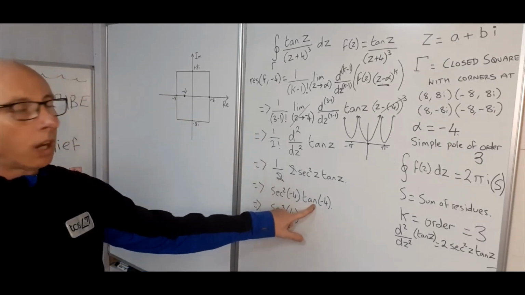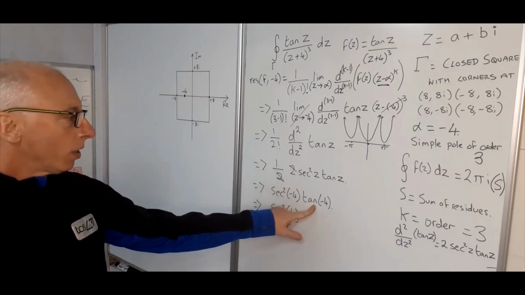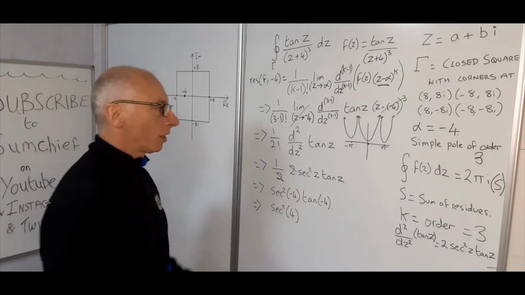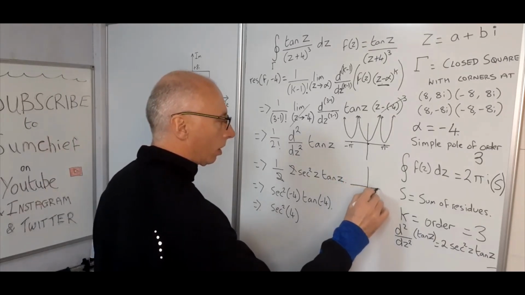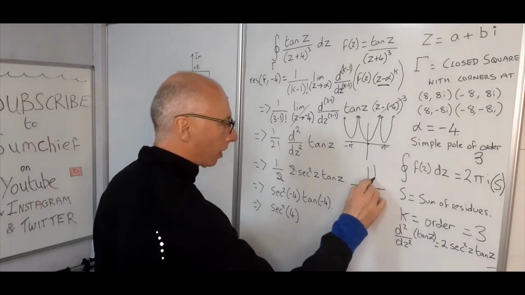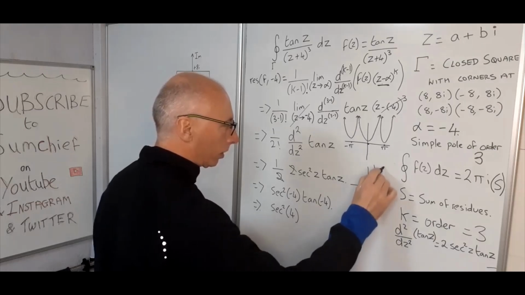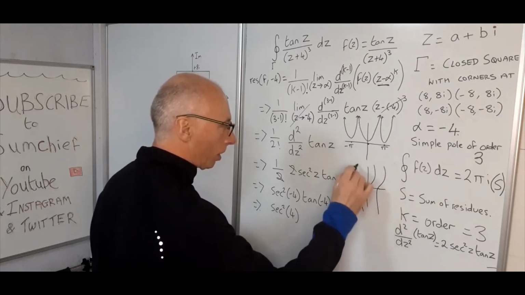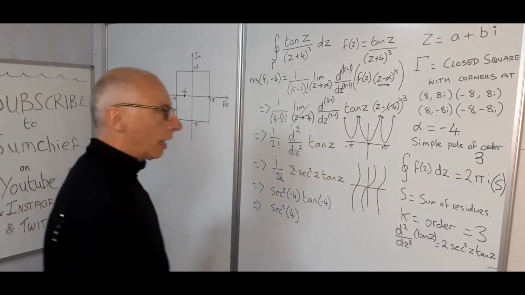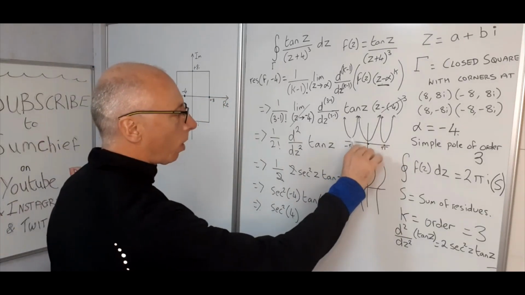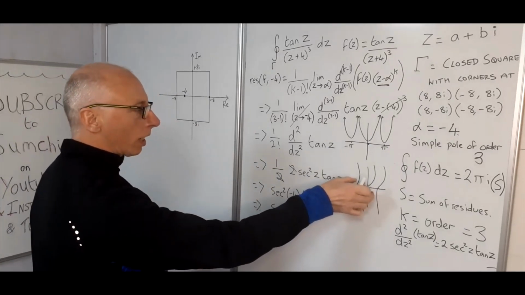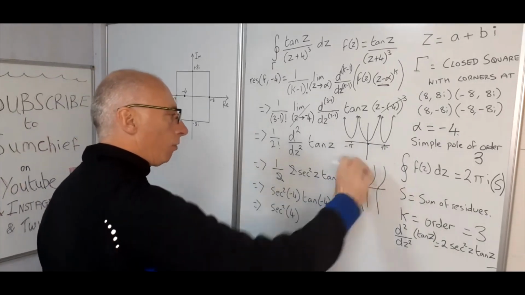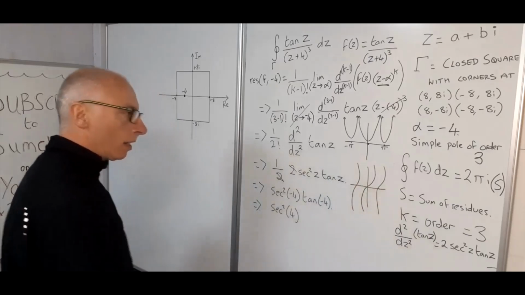And then tangent of -4. So tangent is a little bit different. So tangent will do this kind of thing. So let's just try our best to draw our tangent here. Now tangent, instead of being reflected in the y-axis, can be rotated fully 180 degrees.